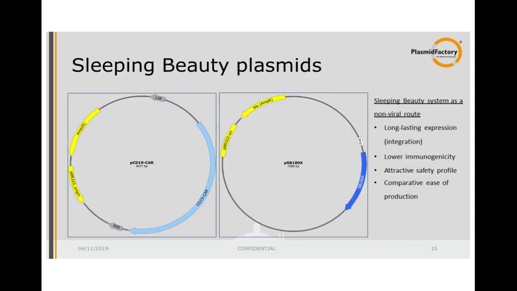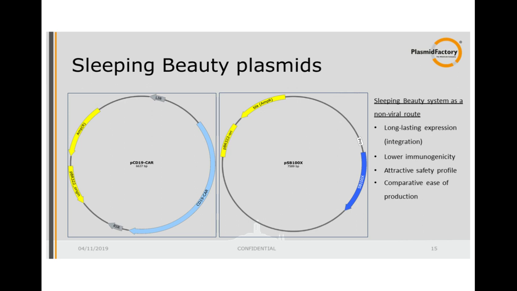It's a transposon-like system, and on the next slide you can see that there are sequence elements right and left of the light blue element in the left plasmid, and this is what should jump into the genome of the T cell to make a CAR T cell out of this.